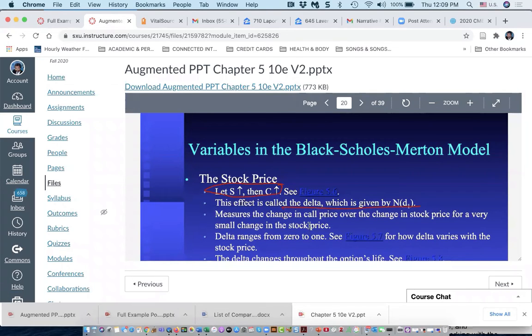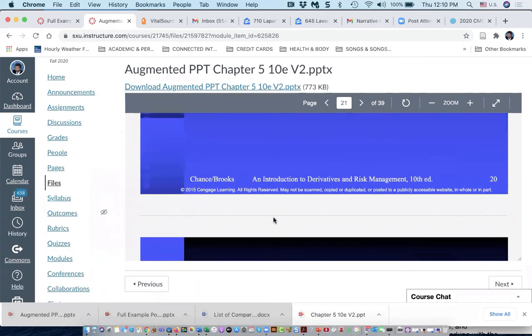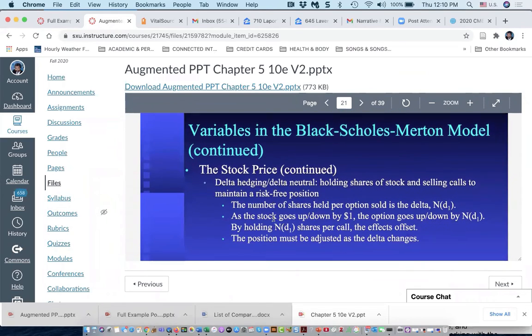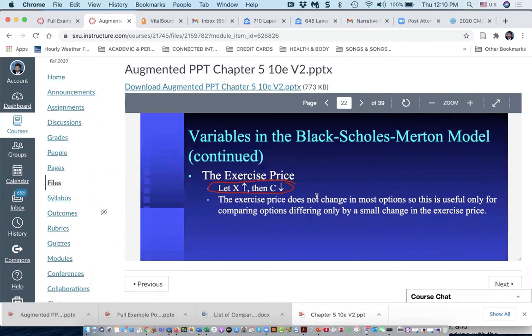That's the delta. If delta is, let's say, 0.5, you have already submitted an option page in one of the assignments. You say that for a $1 increase in stock, the call option price will go up by 50 cents. Do you recall that assignment, where you had to interpret delta for me? Okay, so this is the relationship with the stock.